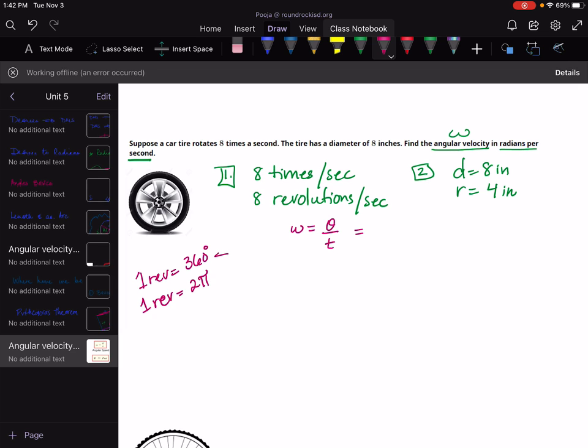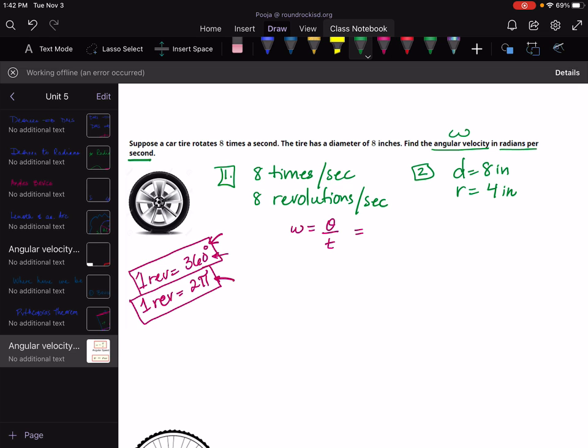I can take this and convert it into radians, but this is just something that you need to register in your mind and remember or memorize, to put it that way. Just like you have this memorized, let's memorize this as well, that in radians, 1 revolution is 2 pi.